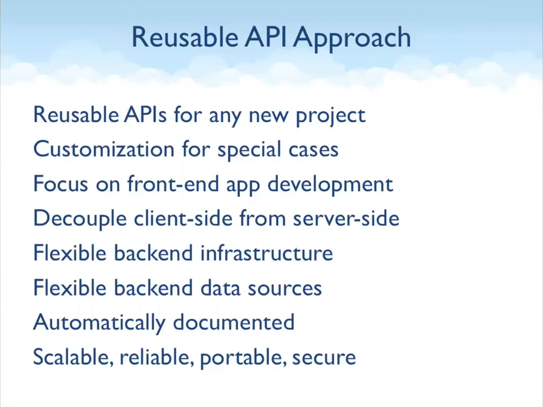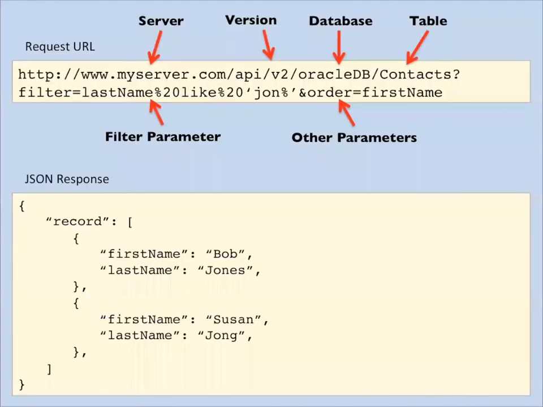So I just want to very quickly give you an example of what this might look like. So this is an example of a reusable API. You can specify the server, which is the RESTful endpoint. You have versioning. You have the data source that you want. You automatically read all the schema out of the database. Those are all the tables that are available. You can see that's the contacts in my example.